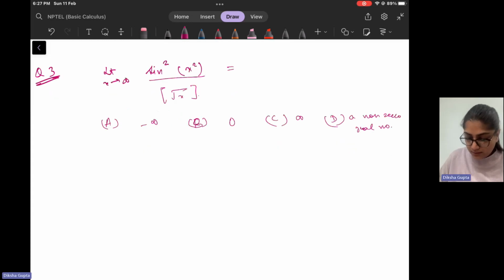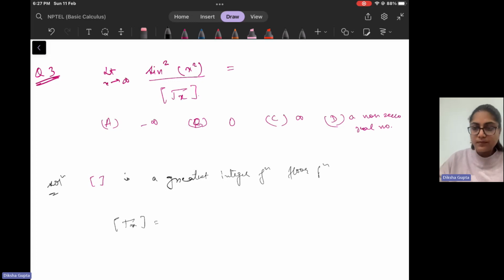Firstly, the question has not said anything, but I am assuming this is the greatest integer function, or you can say the floor function. So how will it take values?